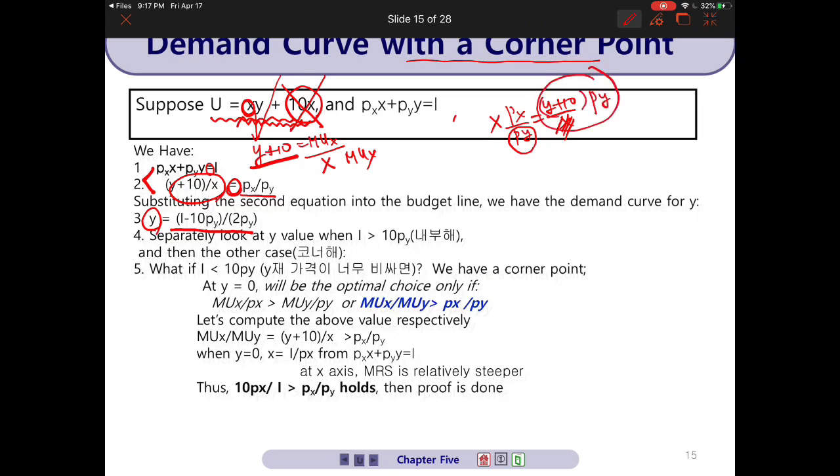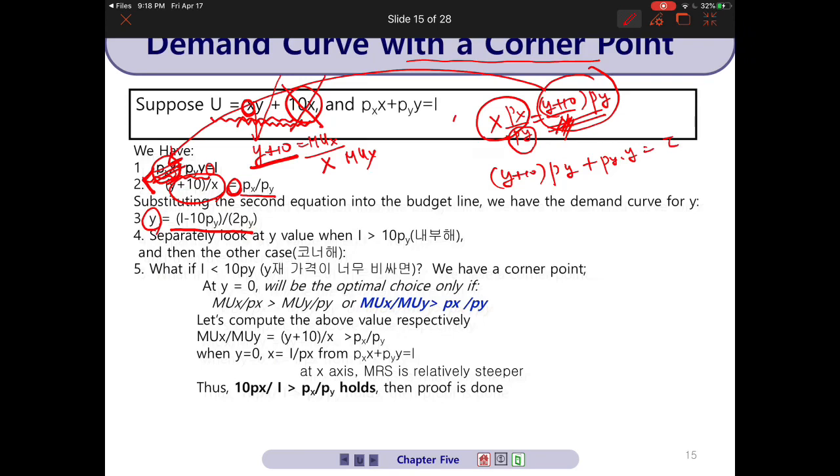So the right hand side becomes px times x. Out of this budget line, we can replace this px times x term by this one. So we plug that in here. So y plus 10 py replaces px times x in px times x plus py times y equals I.